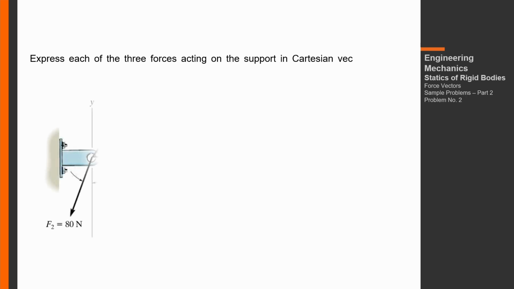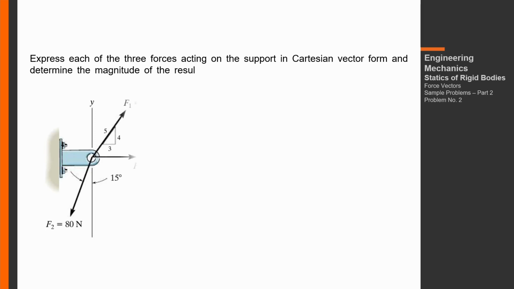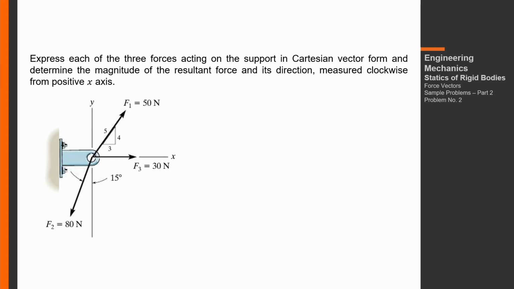Problem number 2. Express each of the three forces acting on the support in Cartesian vector form and determine the magnitude of the resultant force in its direction measured clockwise from the positive x-axis. So given F1, kailangan kunin yung Cartesian vector form.